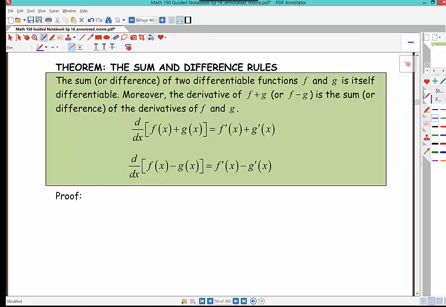Okay, so why don't we let h of x equal f of x plus g of x.